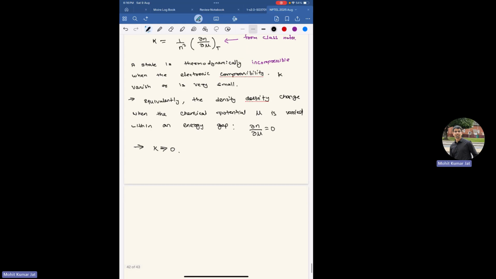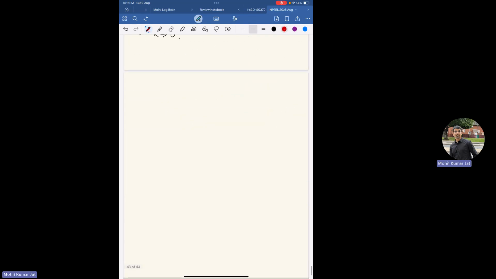So I'll write the argument for the integer quantum Hall effect.